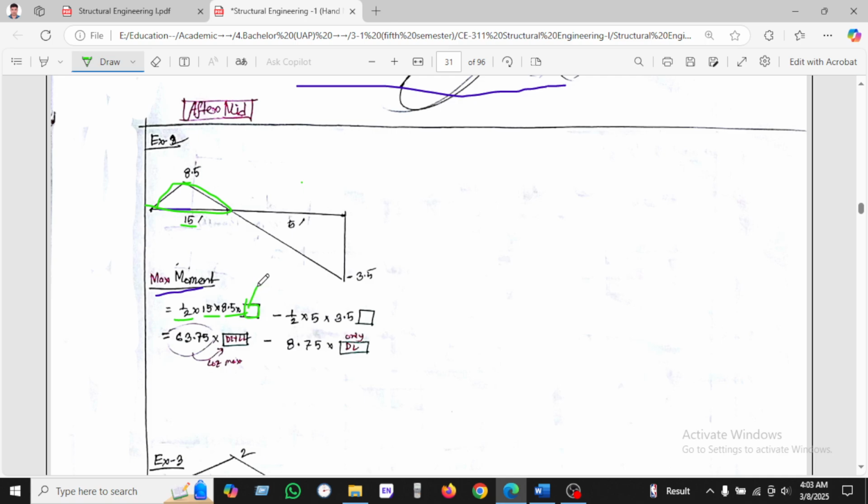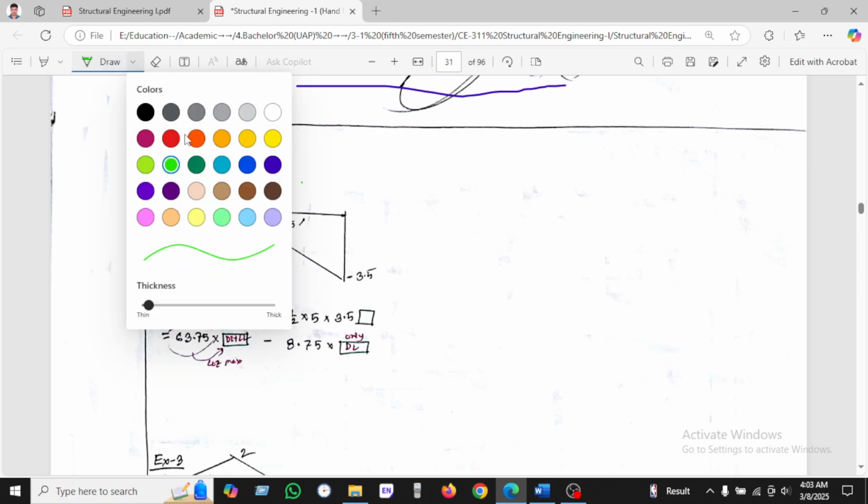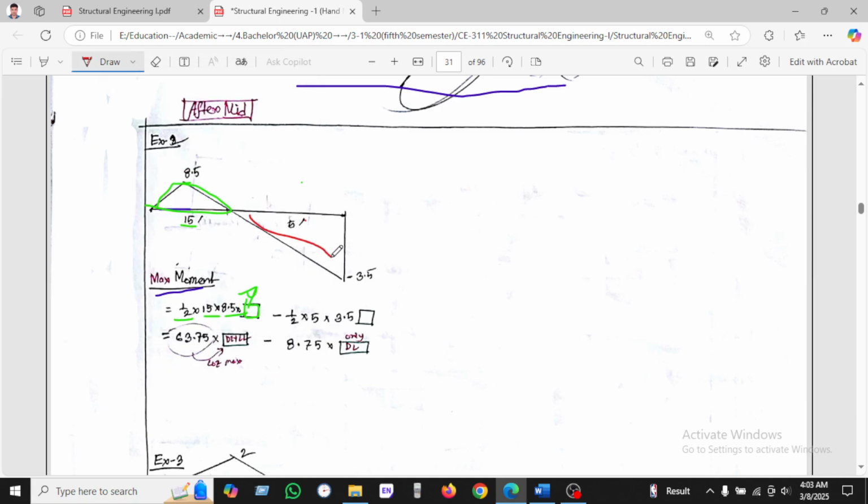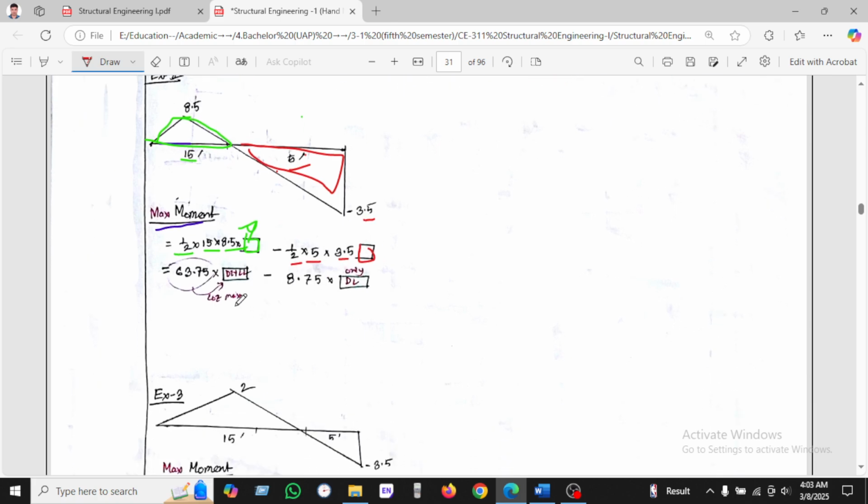It will be the maximum value, dead load plus live load, and minus will be this point, the second section. Half into length is 5 and height is 5. So after the calculation, we found two values, 63.75 and 7.75.